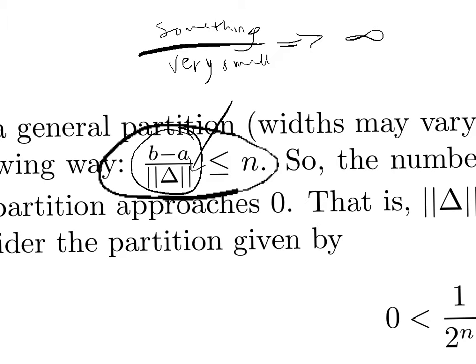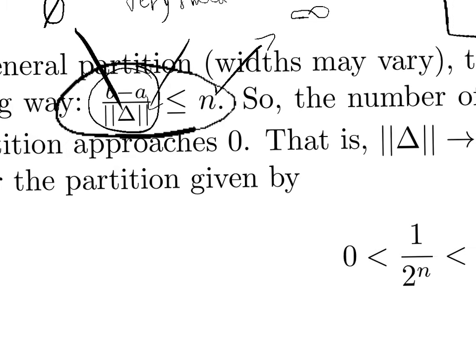If it's infinitely small, then you end up with positive infinity. So n going to infinity corresponds with norm going to 0. I'm sorry, this looks like an 8. I meant to write infinity. There we go. So n going to infinity corresponds to the norm going to 0.